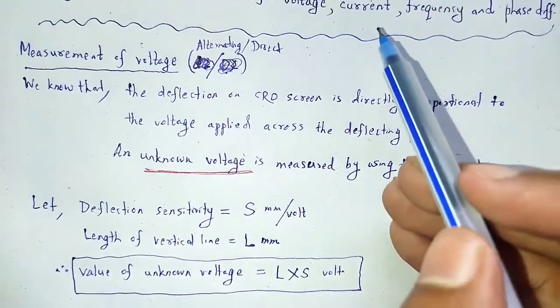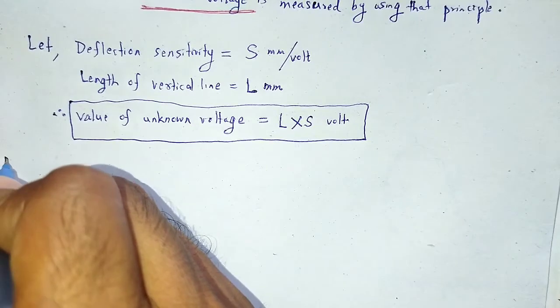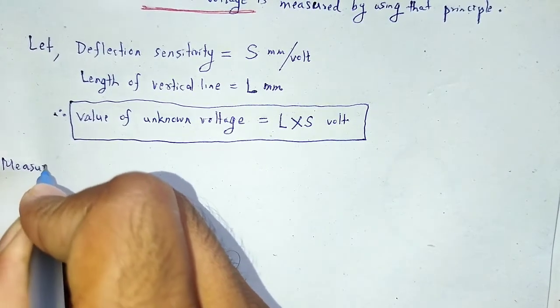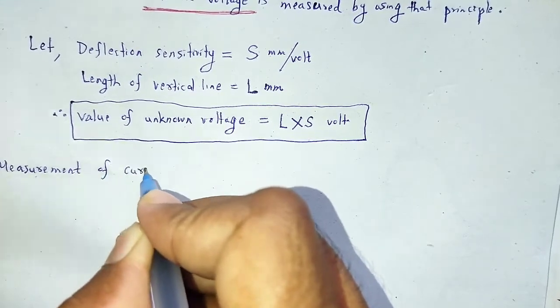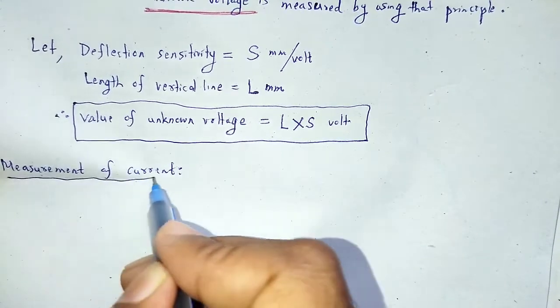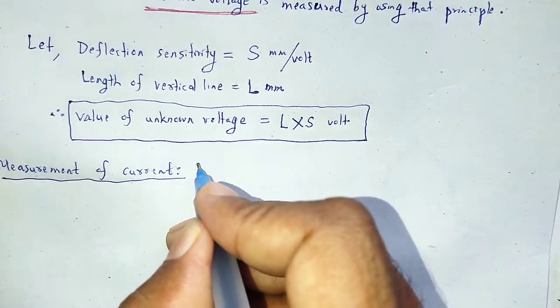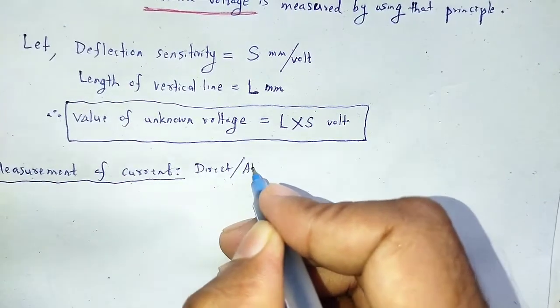Next, how can current be measured? Measurement of current. That current may be direct current or alternating current.